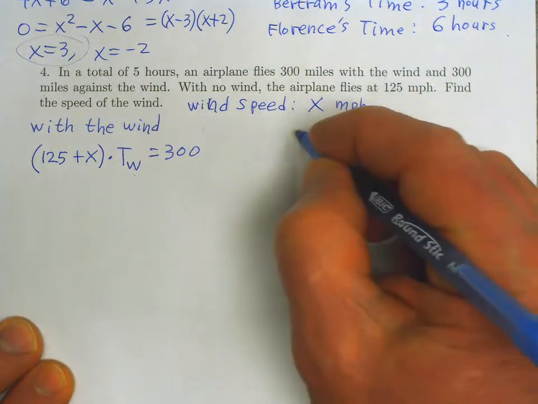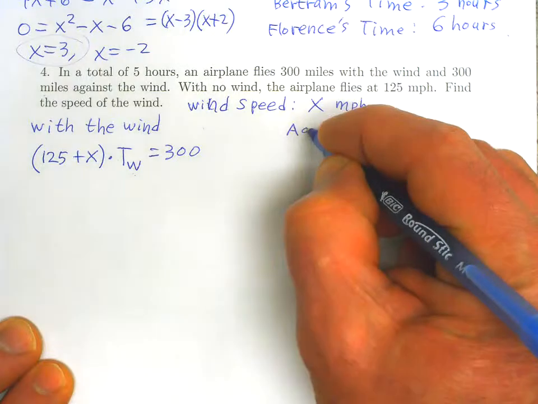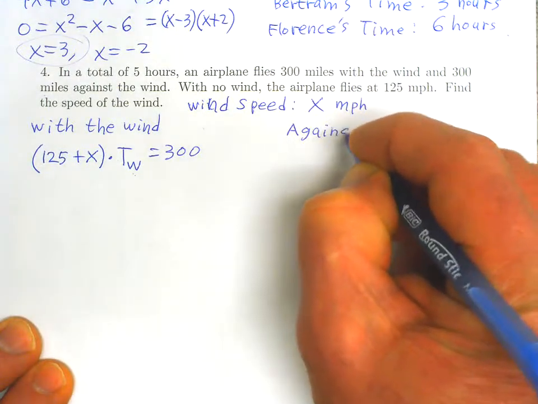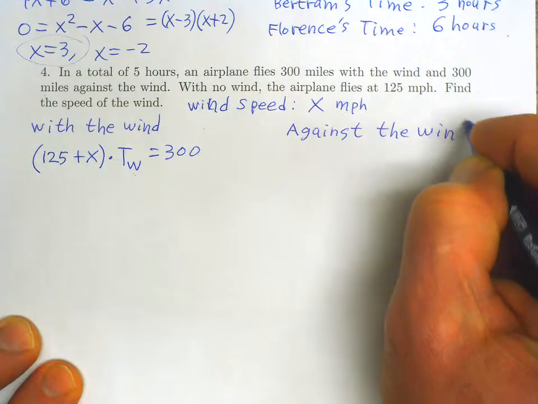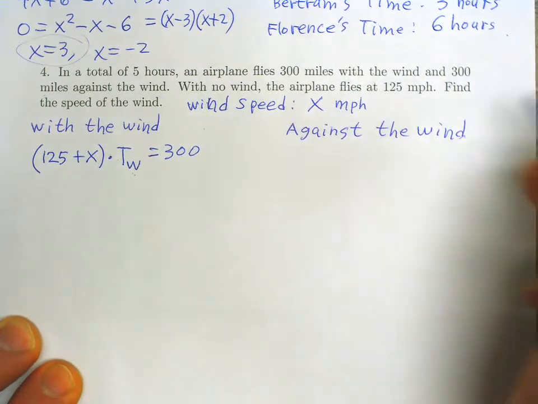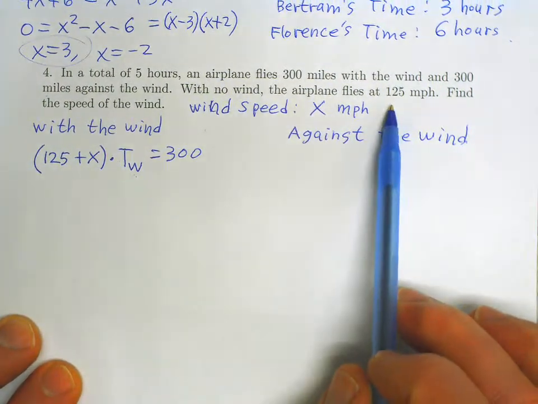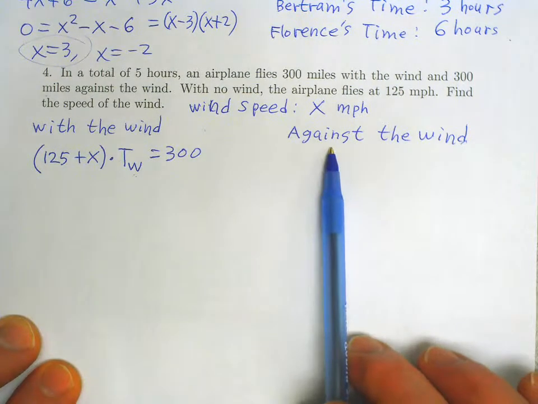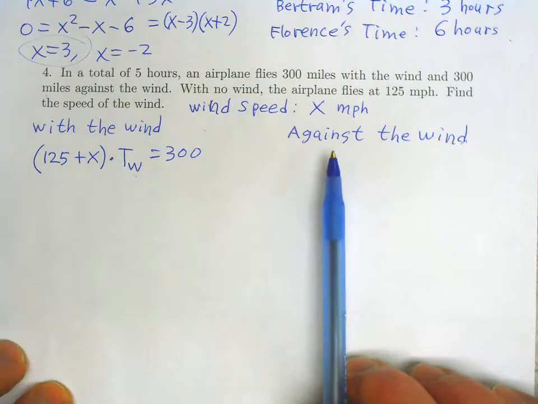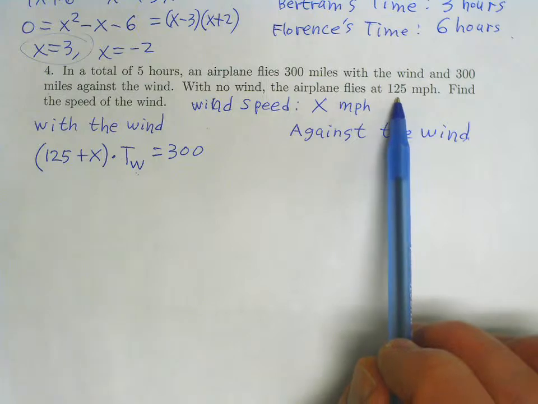Okay, the other scenario is when the airplane flies against the wind. Hey, if there was no wind, the airplane would be flying at 125 miles per hour. But if it's flying against the wind, the airplane will be going slower than 125 miles per hour.